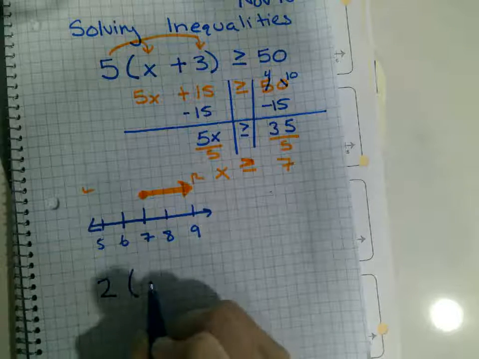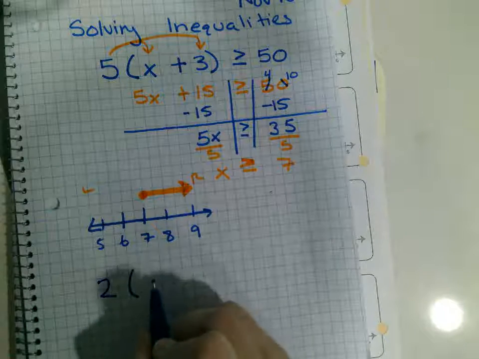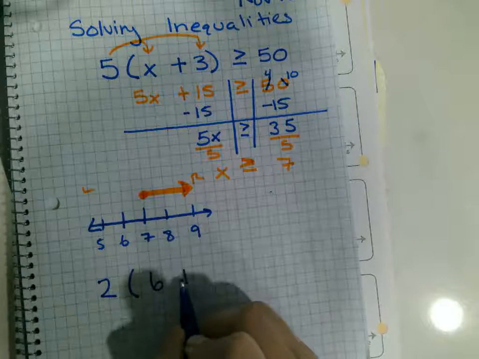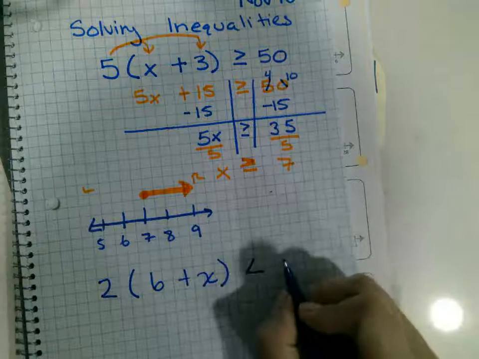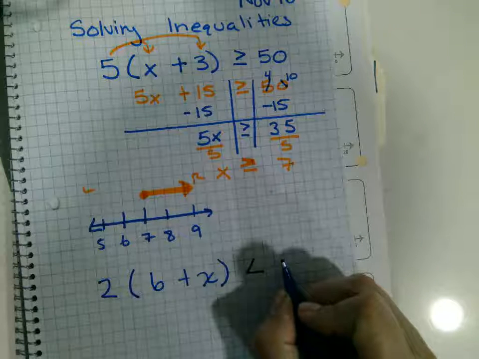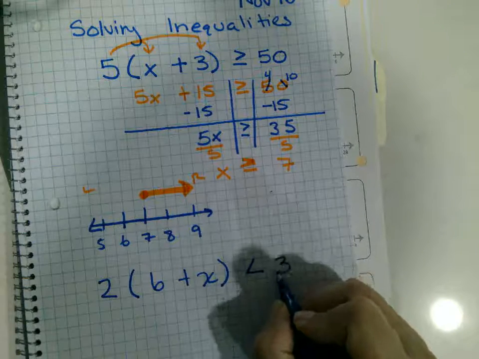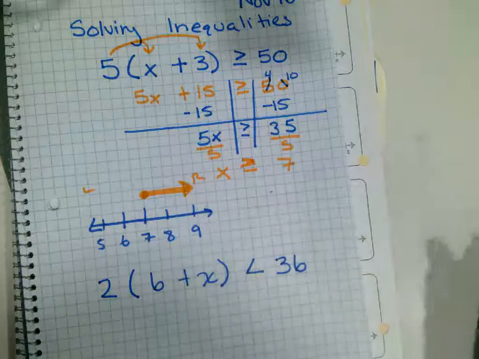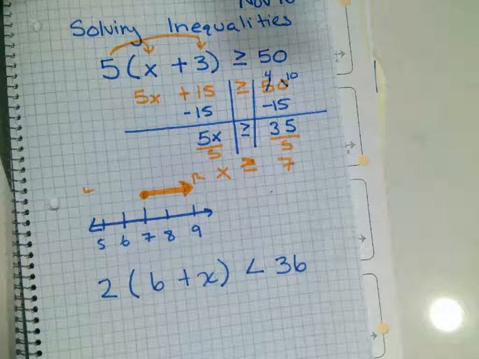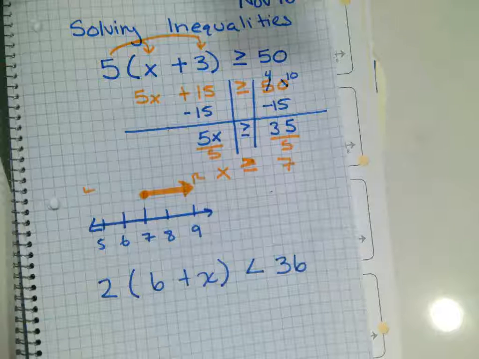We're going to go with 2 times the quantity 6 plus x is less than, let's say, 36. All right. Okay. There's Rocky playing with X's.